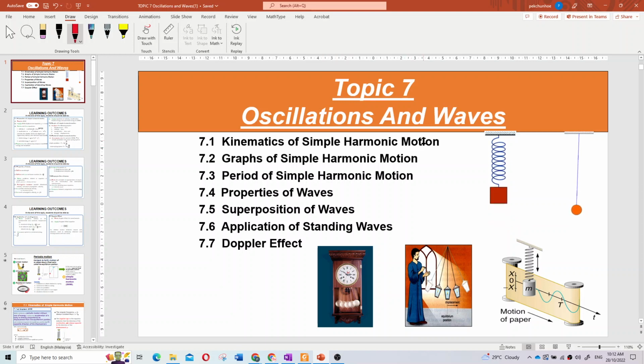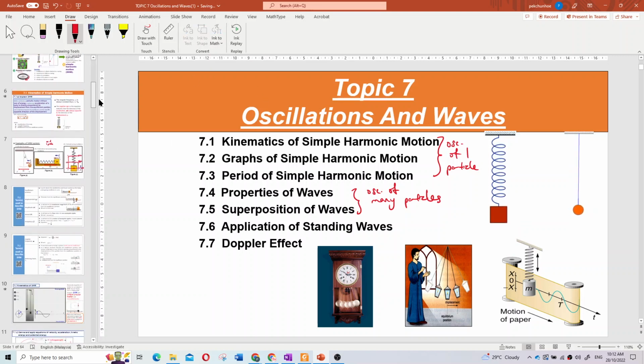So this is for just oscillation of one particle only. This one is oscillation of many particles. That's why the formula also changes.